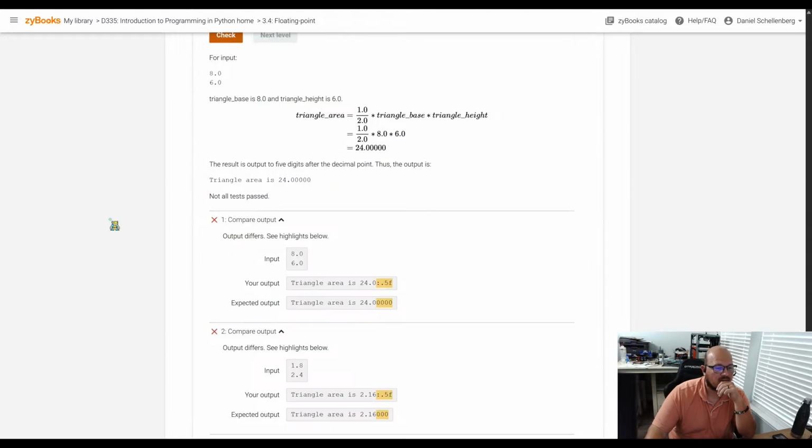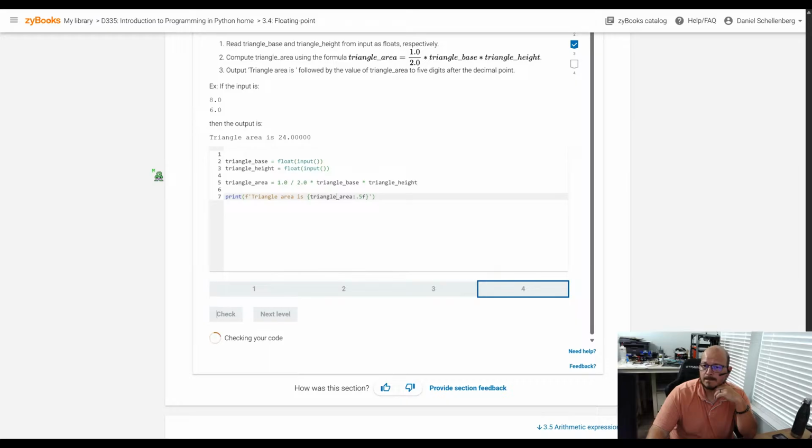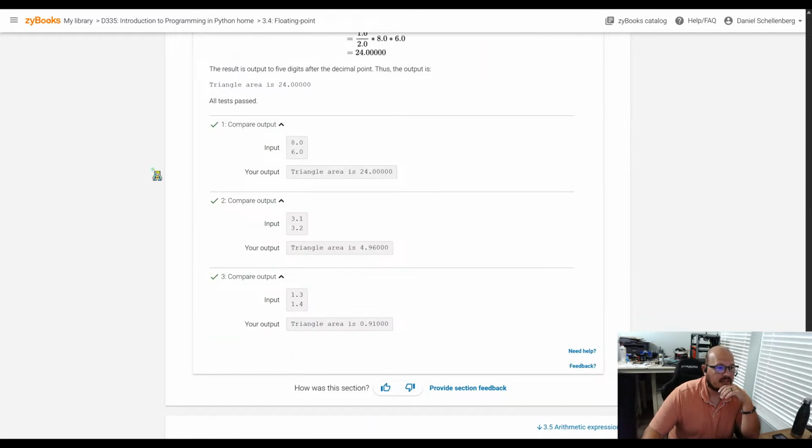What did I do wrong? Oh my gosh. As you can see, I put it outside of the curly brackets here, and that won't fly. It needs to be in the curly brackets after the variable. Okay, so that corrected it, and it came out correct.